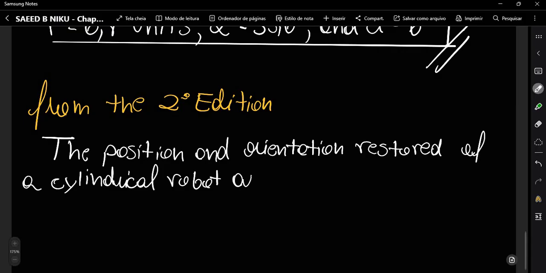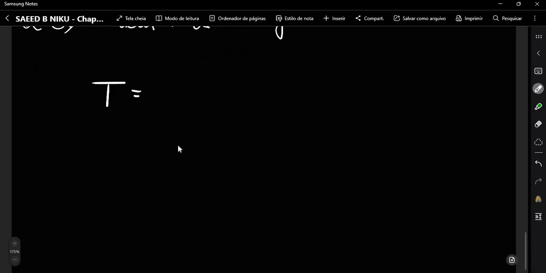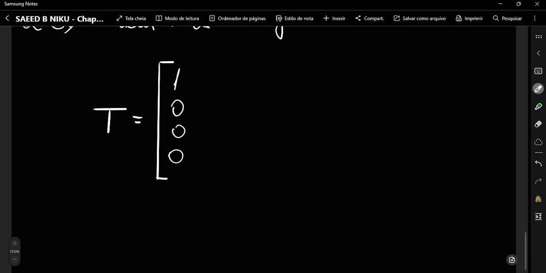That is the matrix which represents the position and orientation of the cylindrical robot: 1 0 0 0, 0 1 0 0.